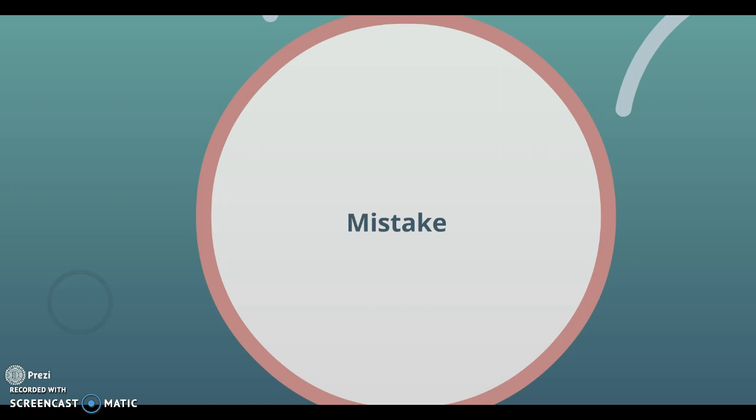One of the best examples of a unilateral mistake is failing to read a contract. When one person signs something without fully reading it, that's the best example of a unilateral mistake.